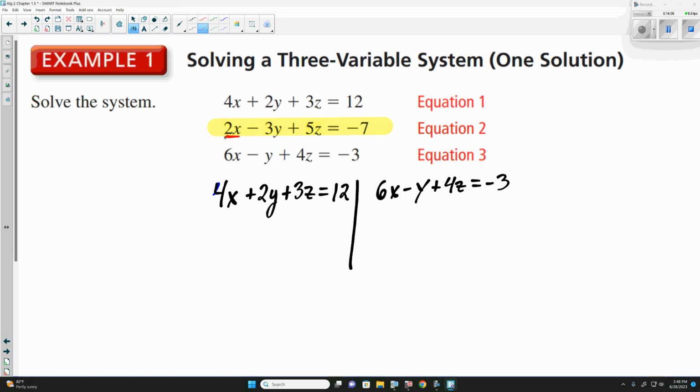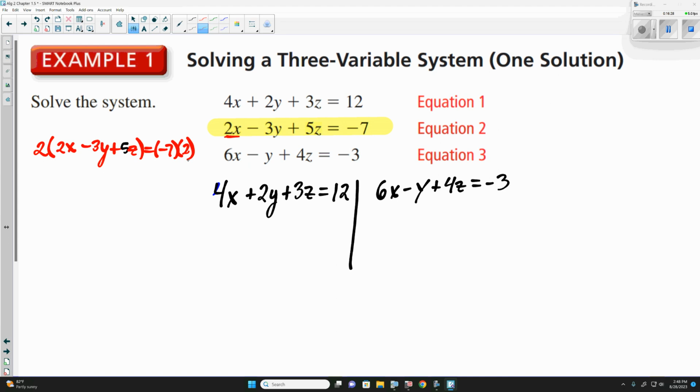2. So what I'm going to do is multiply the entire eliminator equation, both sides, by 2. Because I want the number in front of x to be the same. We can get the signs to be the same, but specifically I want them to both be 4 in this case.